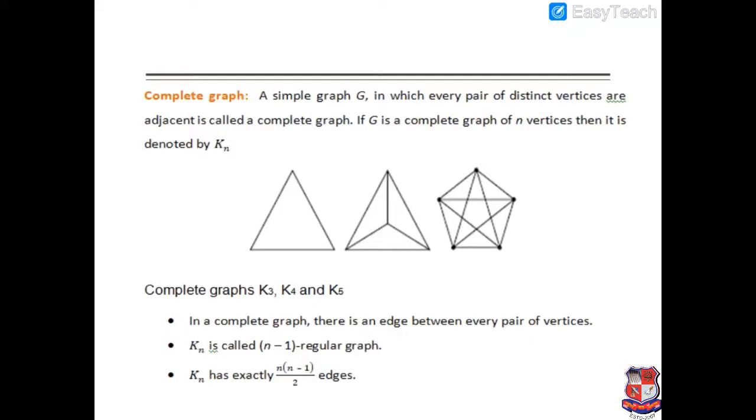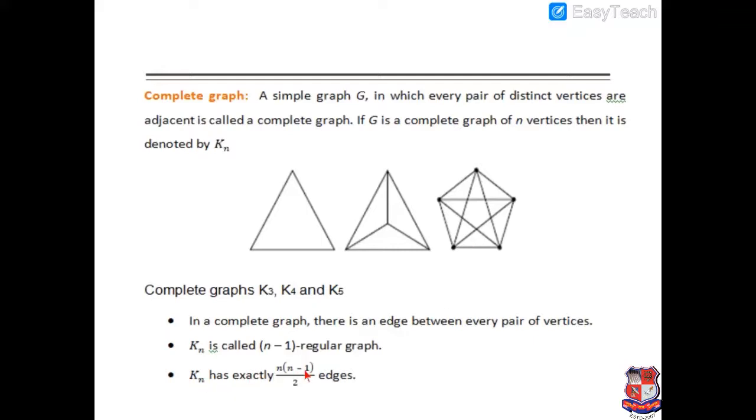As these graphs have n vertices, it is an n-1 regular graph, because here the first graph is denoted by K3, but it has degree 2. Each vertex has degree 2. Therefore, it is a 2 regular graph. This graph is a 3 regular graph because each vertex is of degree 3, and here it is a 4 regular graph because each vertex is of degree 4.